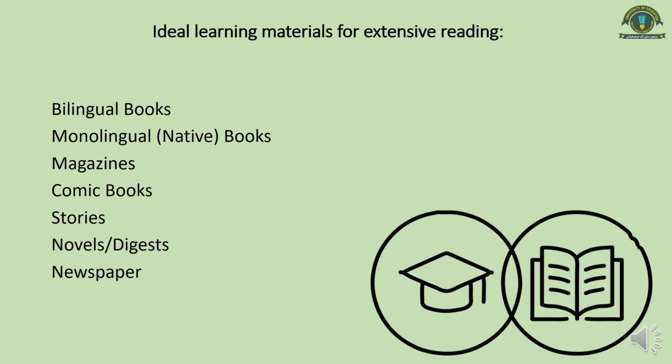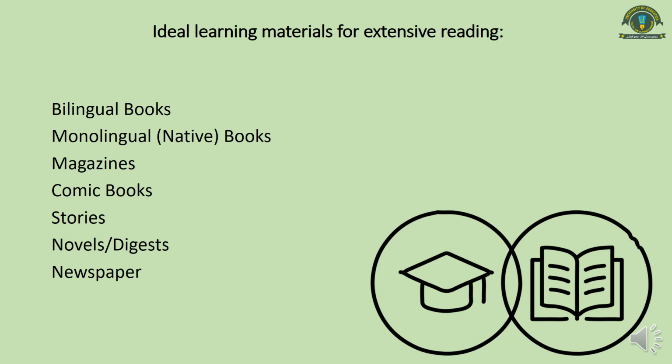Novels and digests are comparatively longer texts, but again if they charm you and you have your interest in that, then it doesn't matter if they are beyond 30 pages, you read them. And newspaper is done for skimming, scanning, intensive and extensive reading. It is done for these four things. You can have skimming in it, you can scan through it, you can have extensive reading, you can have intensive reading.